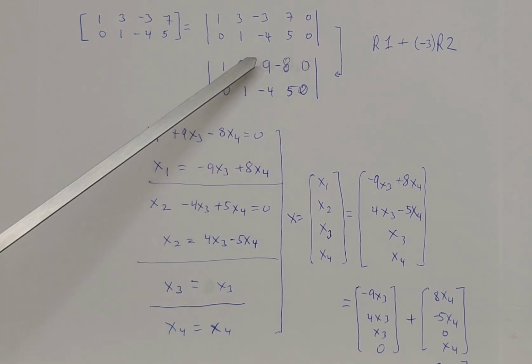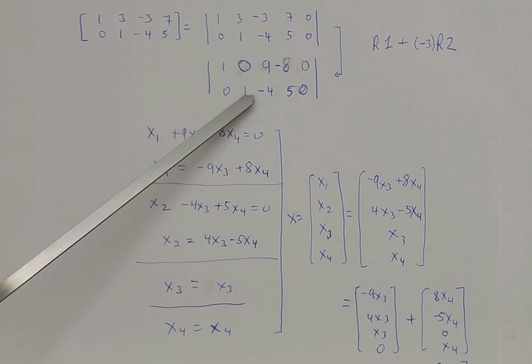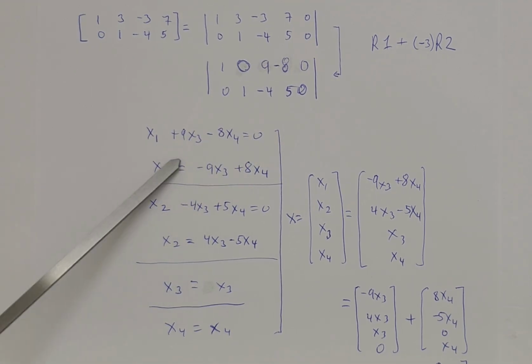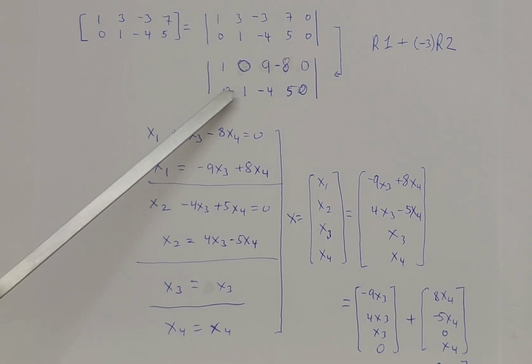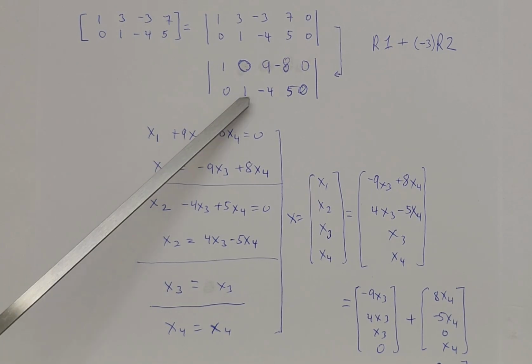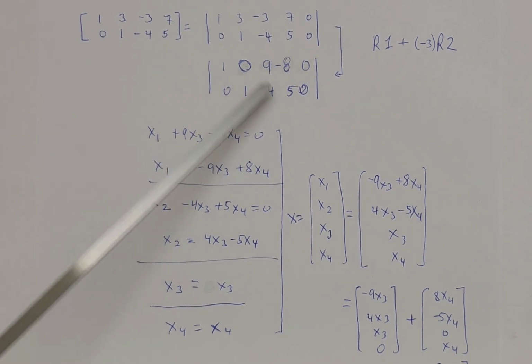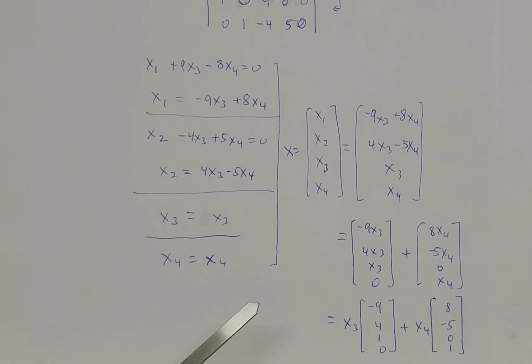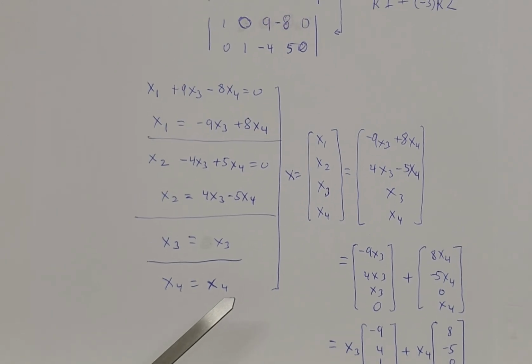When you see this portion right here, 1 0 0 1, you are done. Whatever this is, we just have to rewrite it into this format, and it will become our answer. So this is how we would write our answer.